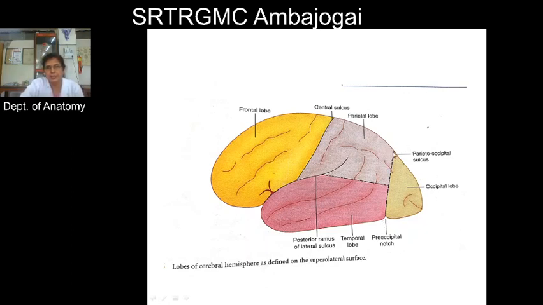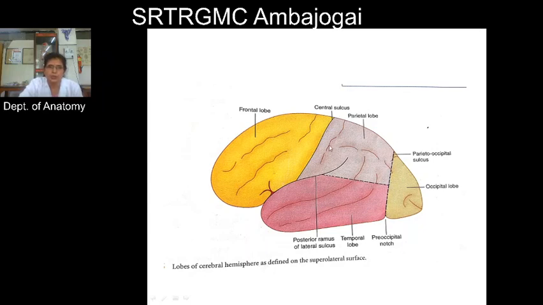The first imaginary line connects the parieto-occipital sulcus with the pre-occipital notch, and the second imaginary line is the backward continuation of the posterior ramus of the lateral sulcus, excluding its posterior upturned end, which joins with the first imaginary line.